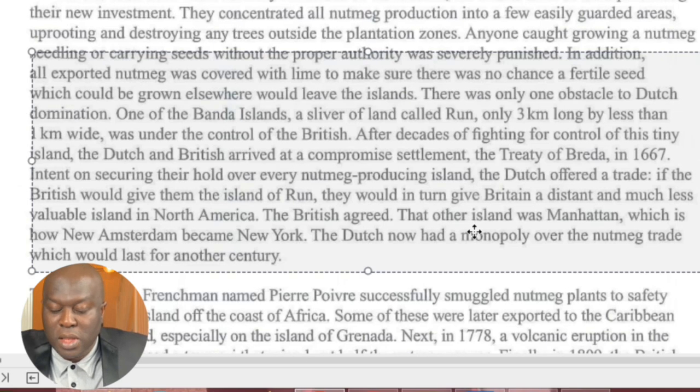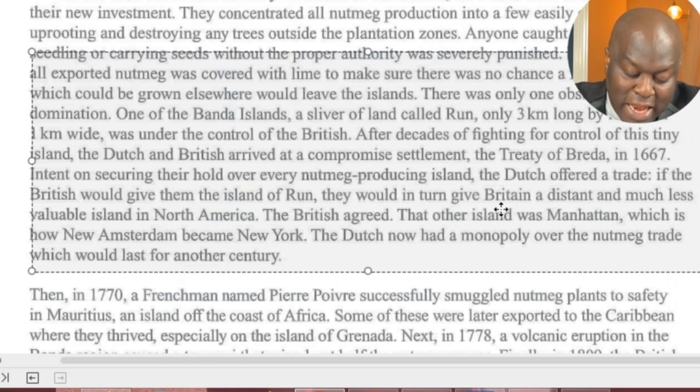So, can you see that? The British agreed. So these guys offered the British another land in North America, and they agreed, so that the Dutch will have a kind of monopoly. Because the question says, following the Treaty of Breda, the Dutch had control of all the island where nutmeg grew.